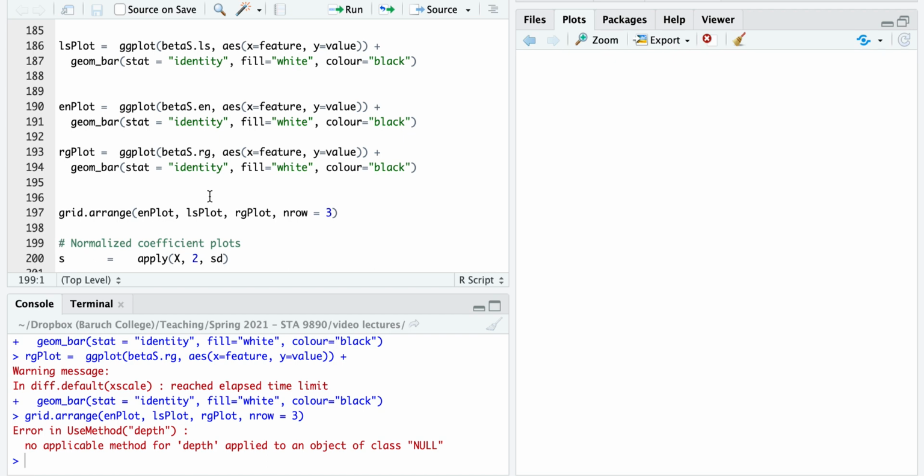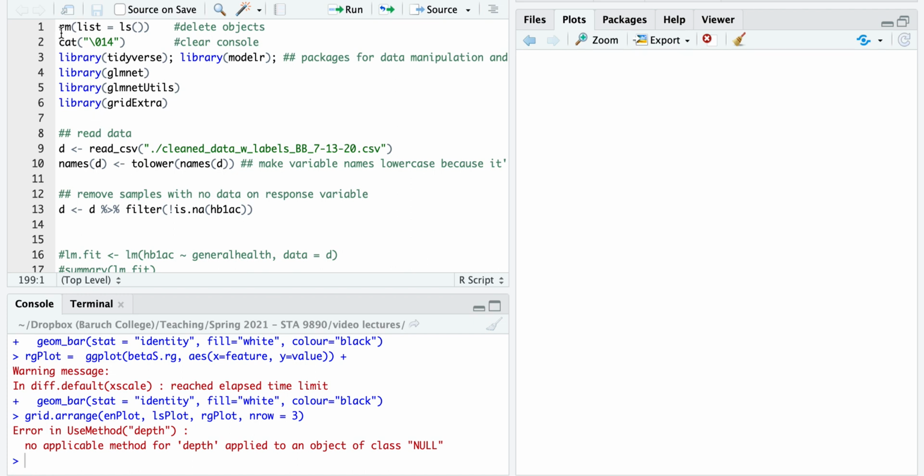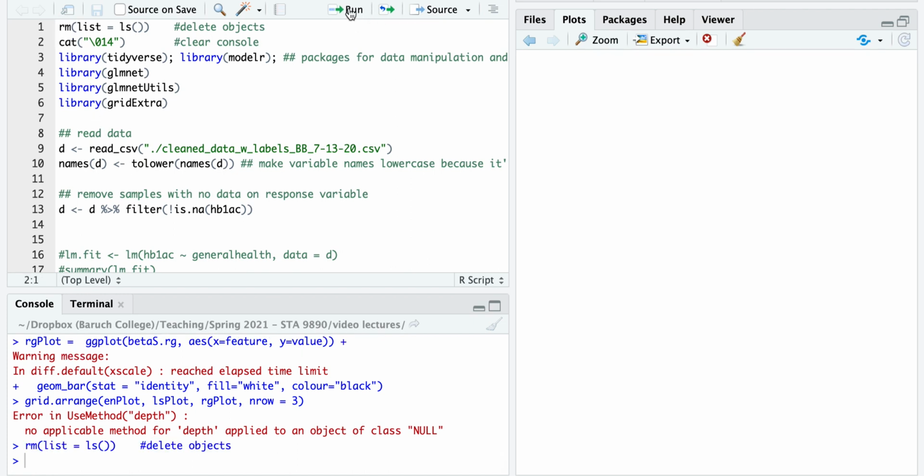Okay, I don't know what's going on with RStudio today. Maybe I'm running it too fast. Let's do it again.